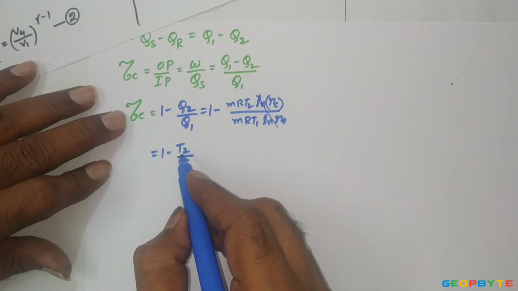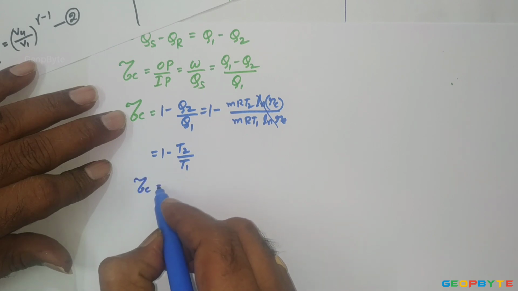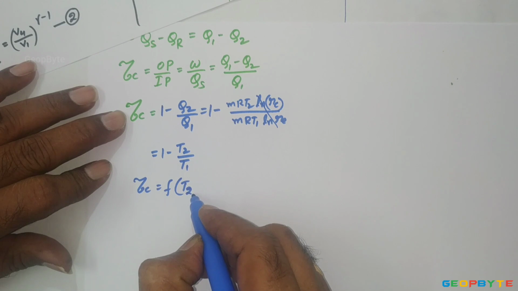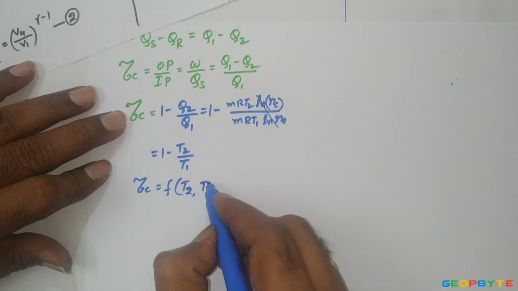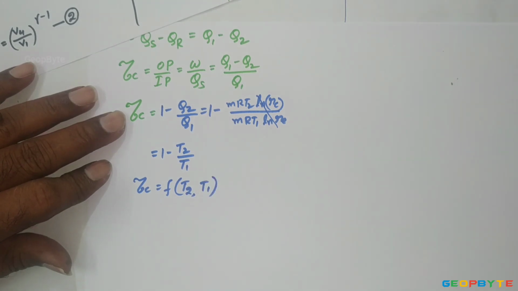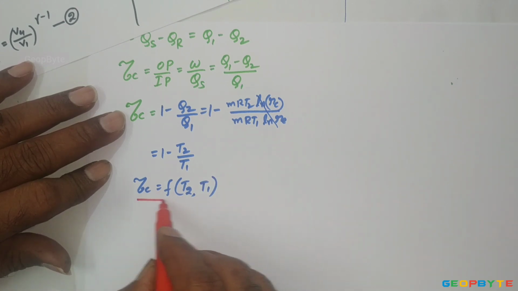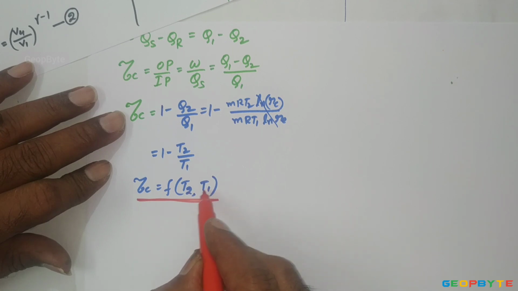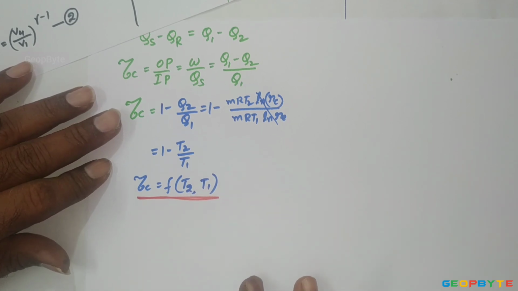So from this, the efficiency of the Carnot cycle depends only on T2, the lowest absolute temperature, and T1, the highest absolute temperature. Or the efficiency of the Carnot cycle is a function of only the highest temperature and the lowest temperature of the cycle.